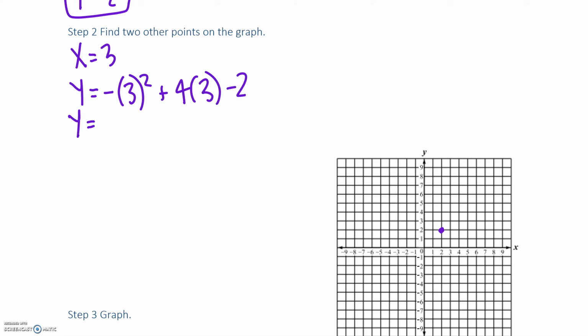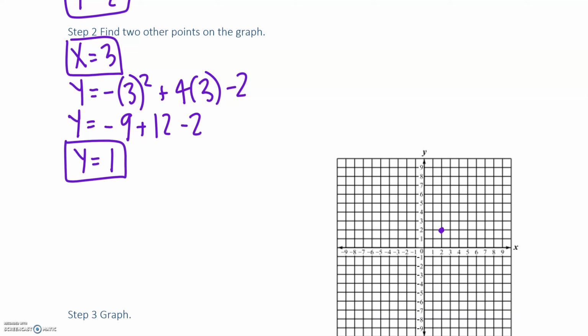So that gives us y equals negative 9 plus 12 minus 2, which means negative 9 plus 12 is 3, minus 2 is just 1. So if we have x equals 3, we have y equals 1. So our point should be (3, 1).